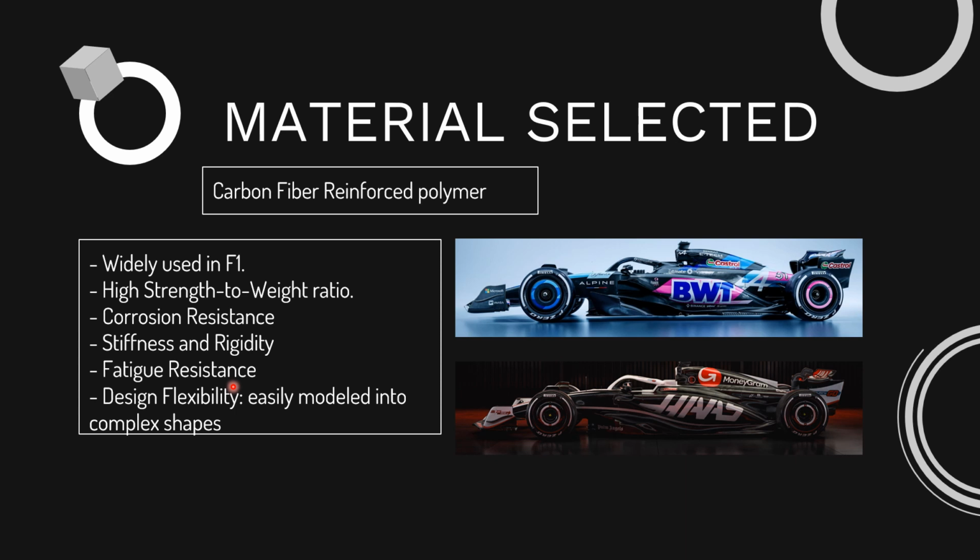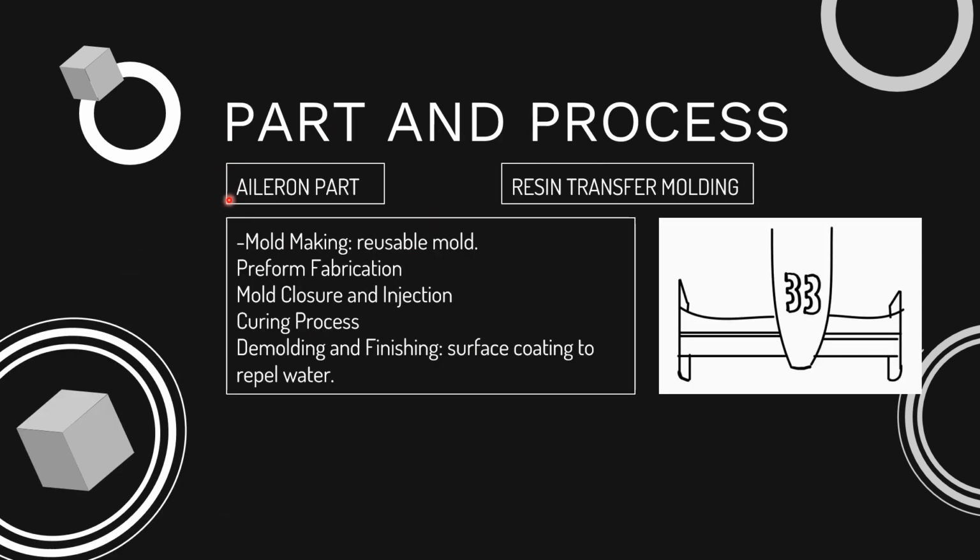Finally, carbon fiber is crucial also because it can be easily molded into complex shapes such as ailerons, which is the part I have chosen. I chose this part because it is fundamental in the aerodynamics of an F1 car. The process I chose was resin transfer molding.